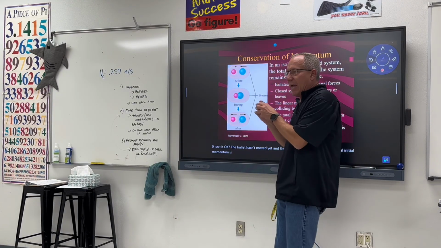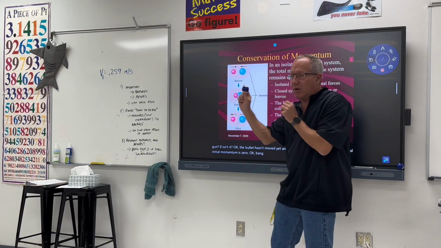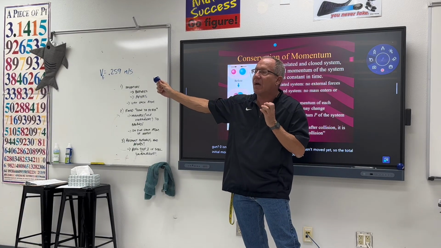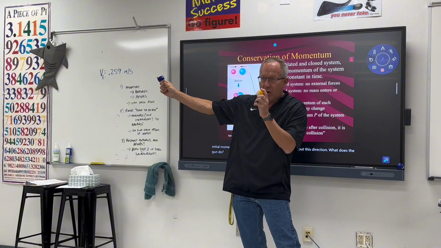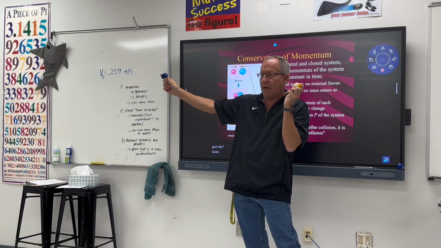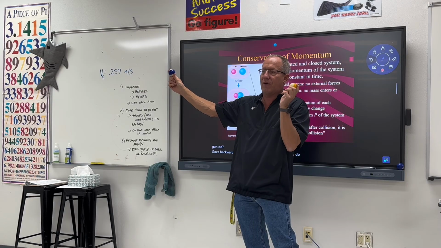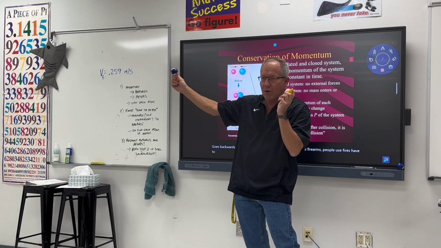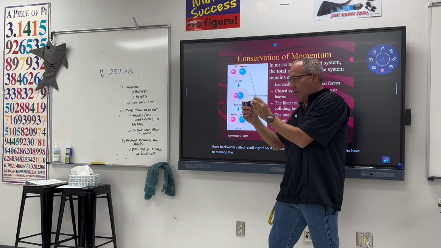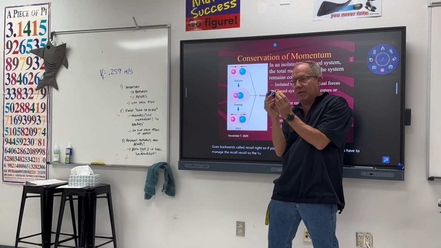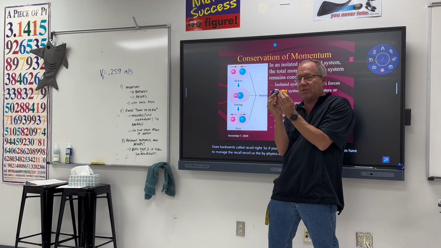Bang, gun fires, bullet goes out this direction. What does the gun do? It goes backwards, called recoil. People who use firearms have to manage the recoil. So by physics, conservation of momentum, a force acted on the bullet.